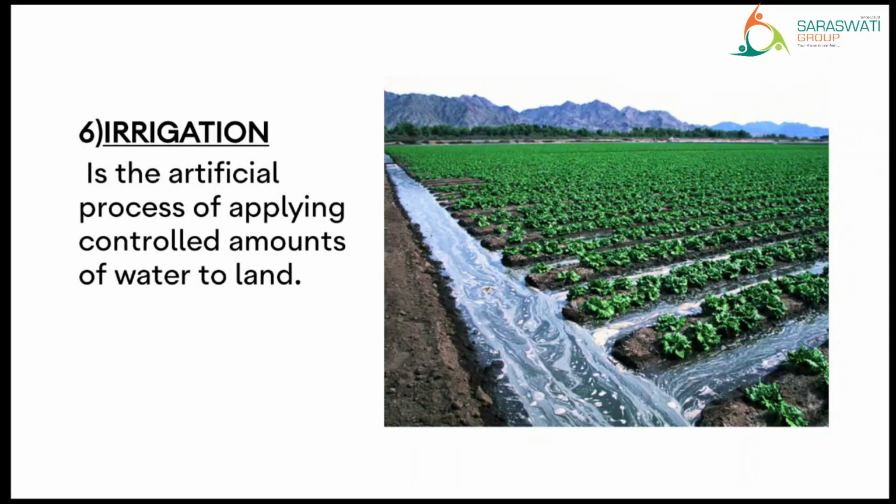Natural means of supplying water is rainwater. But what if the place is somewhere where the rain is not enough? What will the farmer do? So he has to think of an artificial process through which he can water his plants, and then his plants will grow well.